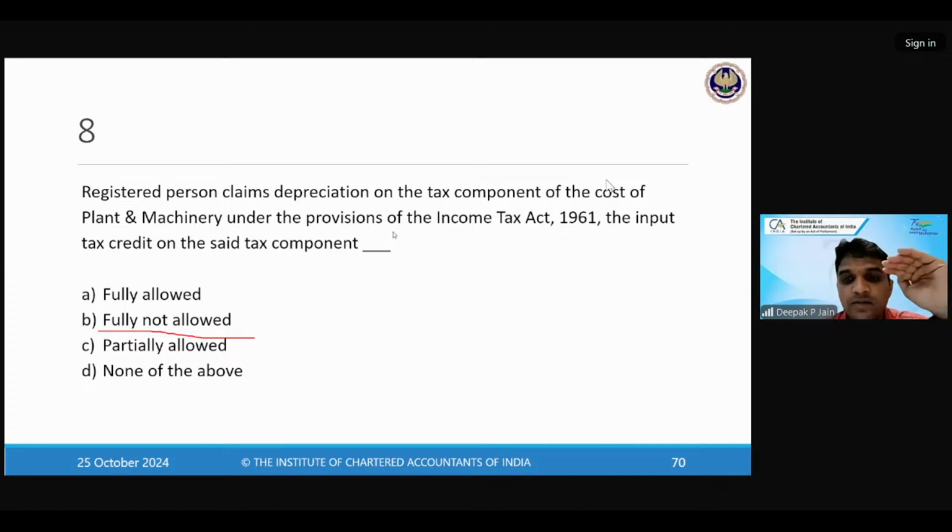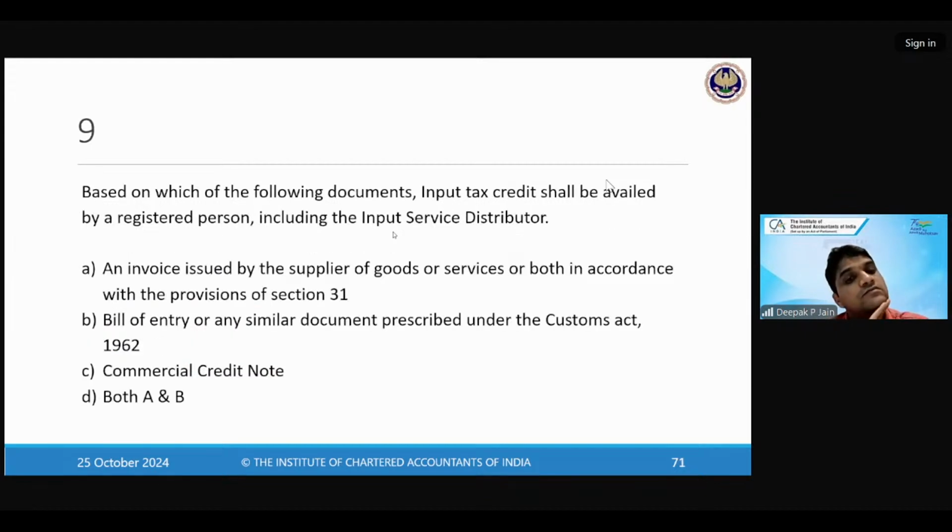So you cannot claim double benefits. So answer is B. Correct answer is B. He can claim on the basis of invoice and the bill of entry. Okay. Ninth answer is D.